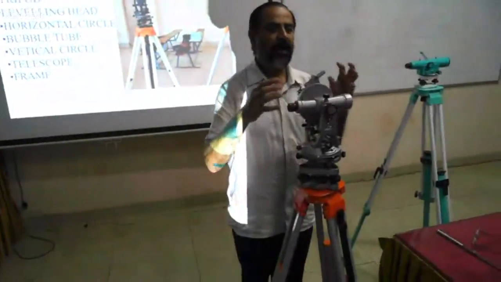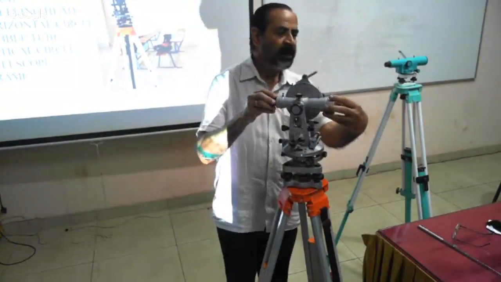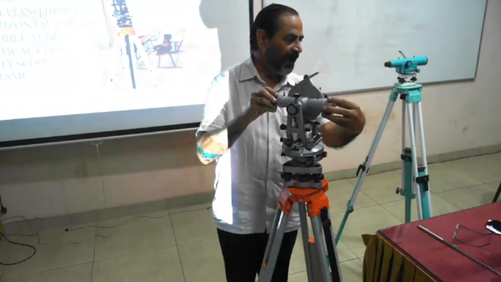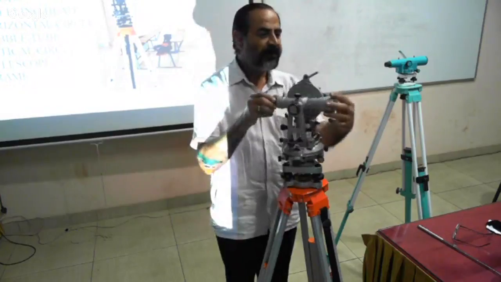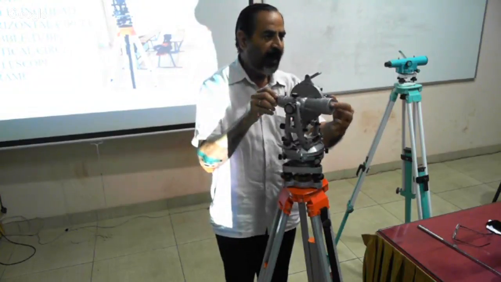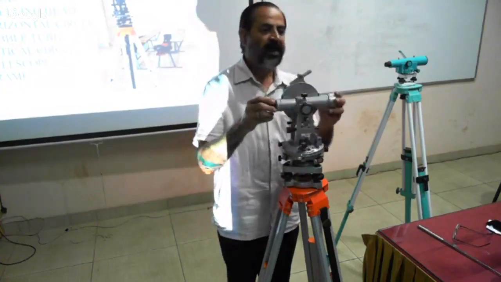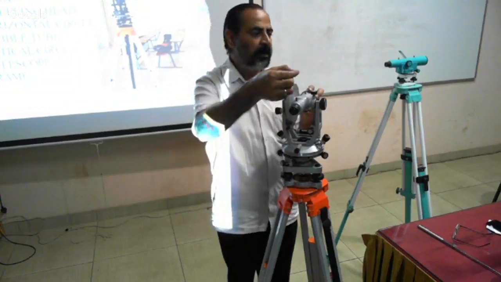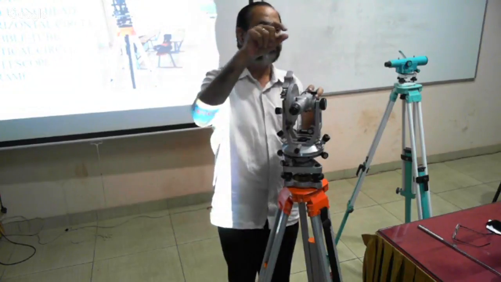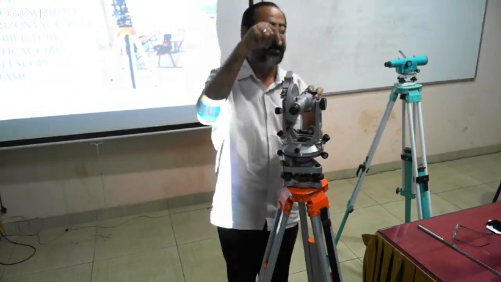The telescope consists of the object glass, the object end, and the eyepiece. And also we have a diaphragm, a small glass piece. The diaphragm is the central line mark, the x-axis and y-axis cross hairs.